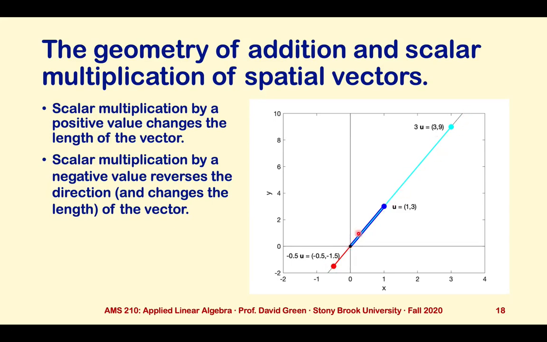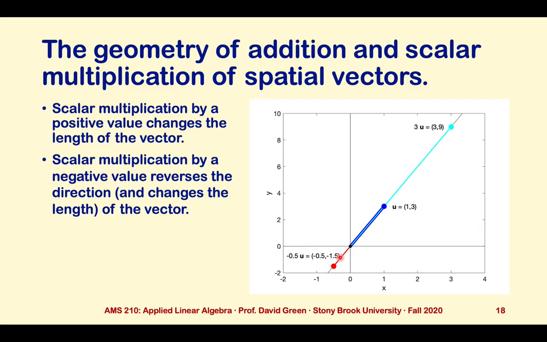If I drew a line along this vector u, extending infinitely, that's the little black line here. We see the negative multiple also lies on that line, but on the opposite side of the origin. And because we multiplied by a number less than 1 in absolute value, it is shorter than the original vector, half the length in this particular case.